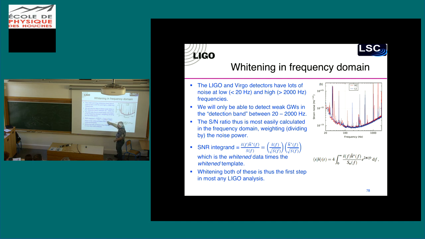Okay, but for Gaussian noise, in the absence of signal, the distribution of this will be Gaussian, with a mean of 0 and a standard deviation of 1. And the signal will be displaced from that, and the template will as well, and it'll all work out.